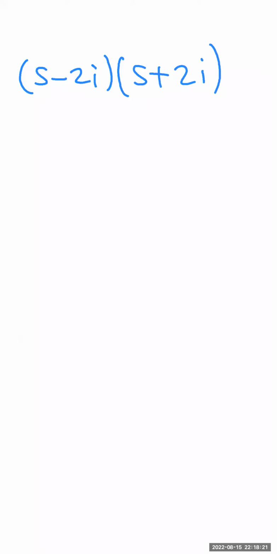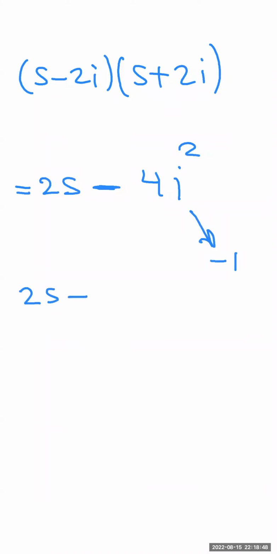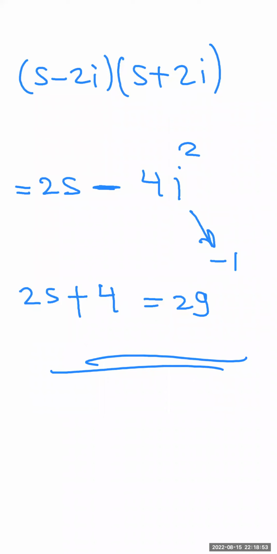So this one directly, we can solve it by the previous method by multiplying the first term by the two terms in the other bracket, or otherwise we can solve it as difference between two squares, so it will equal first term squared, 25, minus second term squared, 4i squared. Take care, I squared is negative 1, 25 plus 4, 29. Okay, guys, any questions?